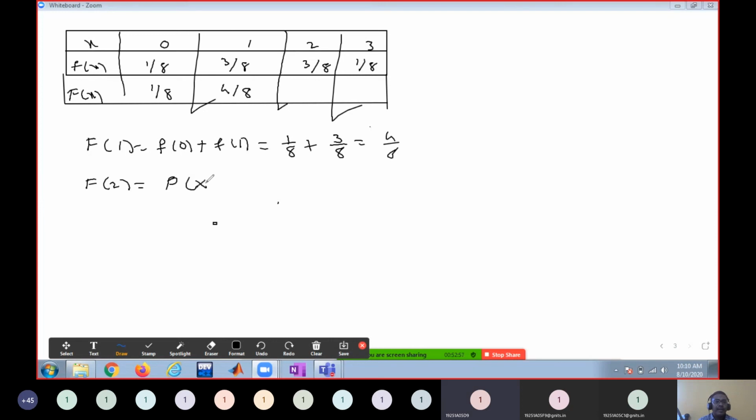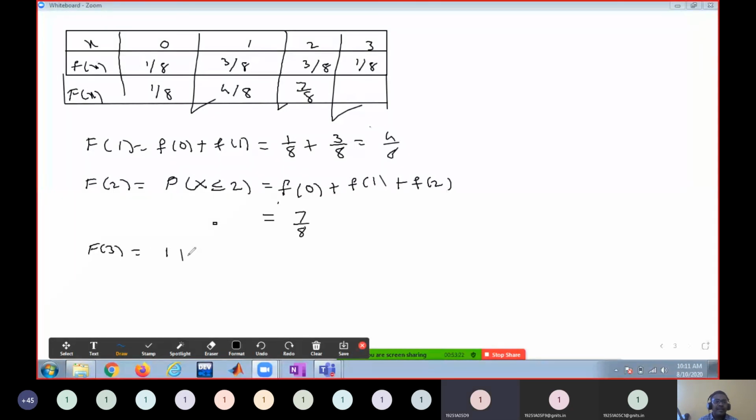Now what is capital F of 2? The probability that X is less than or equal to 2. This is f of 0 plus f of 1 plus f of 2. For all these values I can simply look at the distribution table and copy. So 1 by 8 plus 3 by 8 plus 3 by 8 is 7 by 8. And what is F of 3?